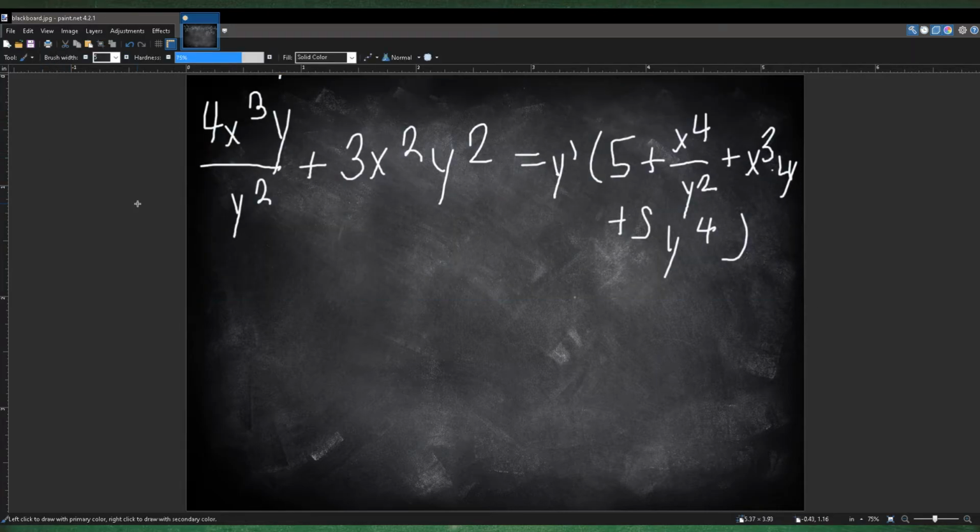Okay. So now we just need to divide all this to the other side. So then we just get the derivative of y.